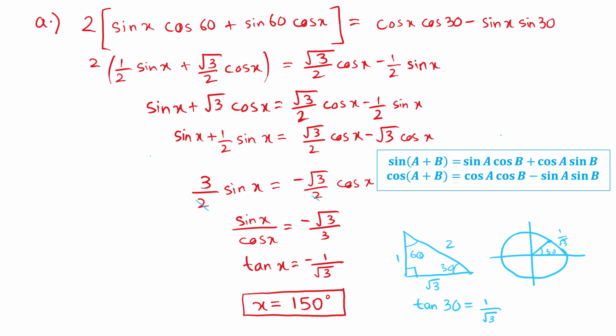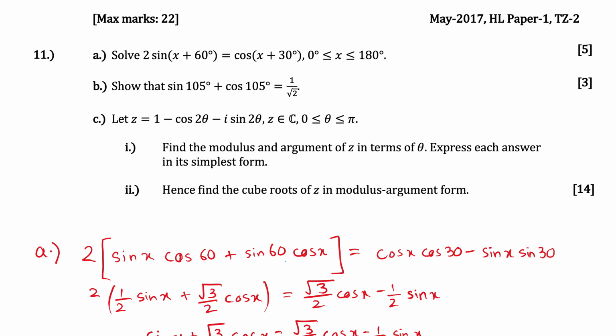So if tan of 30 is 1 upon root 3, then 180 minus 30, which is 150 degrees, somewhere here, will give us negative 1 upon root 3. This is something that we need to know, and a good understanding of the unit circle helps, but x will equal 150 degrees.